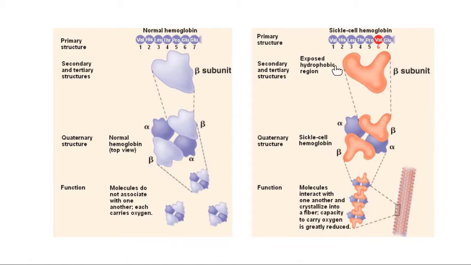Remind me, by the way, we can't really see secondary structure in this picture because I kind of made it all a glob. There are 2 options for what the secondary structure is of a protein. What are those 2 options?